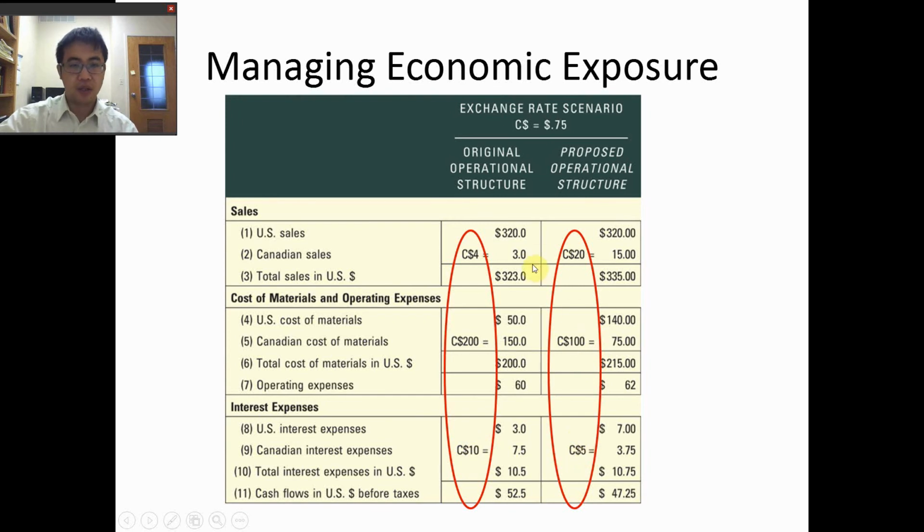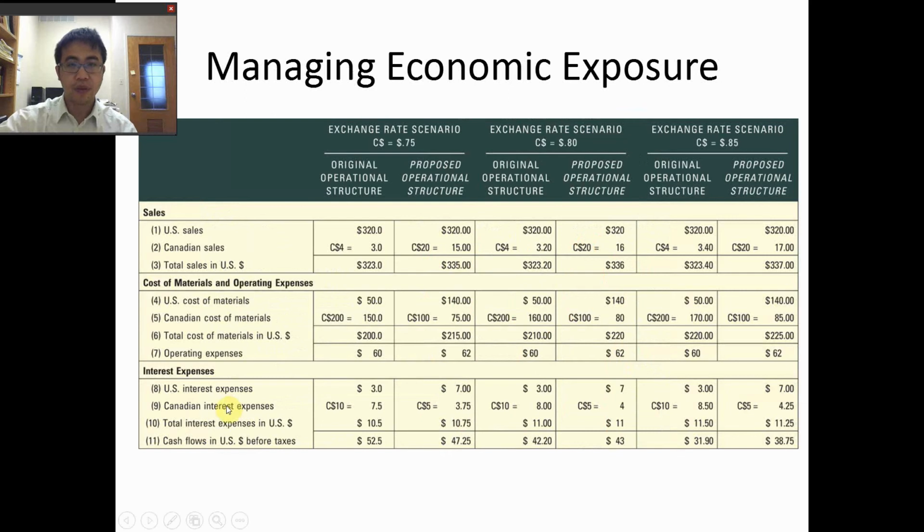And you can also see that the U.S. costs is increased from 50 to 140, and the U.S. interest expenses also increased. So that means the U.S. business is also affected.